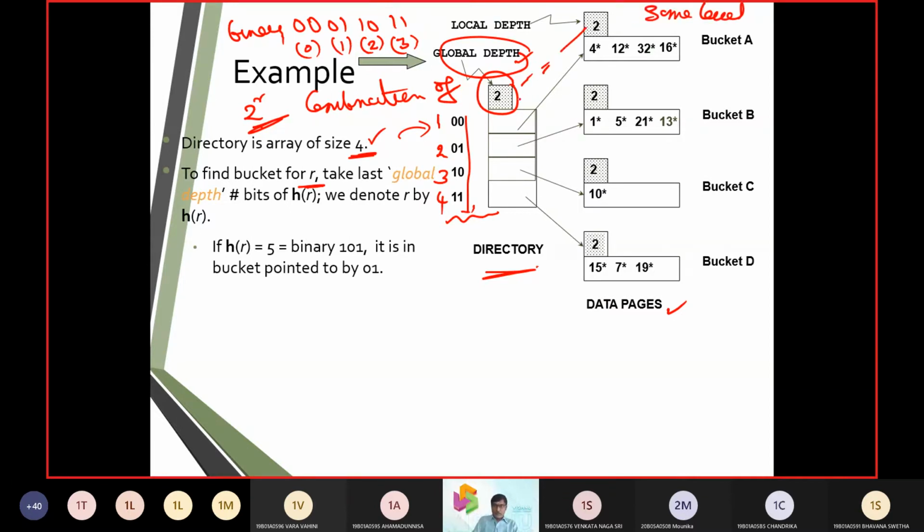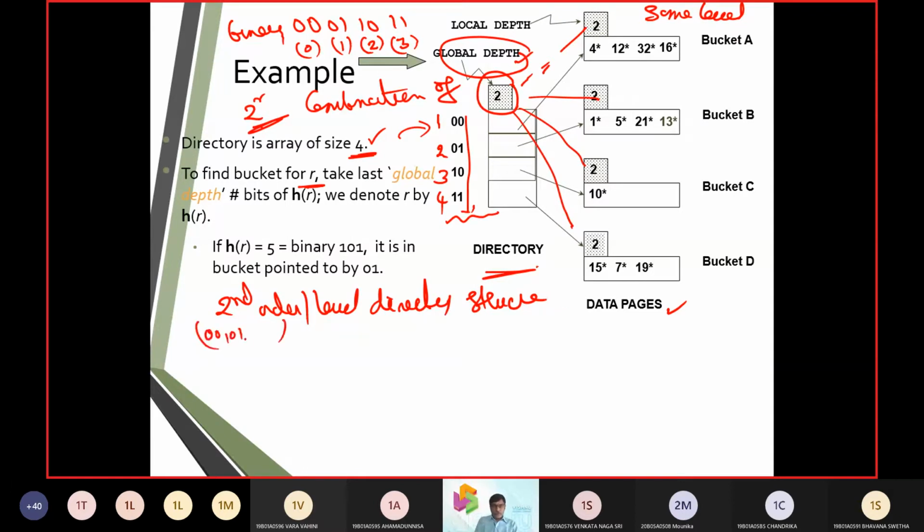So it is following the second level directory structure. What is second level? 0 0, 0 1, 1 0 and 1 1.